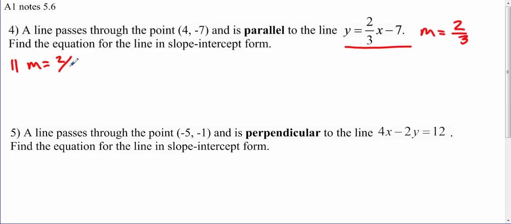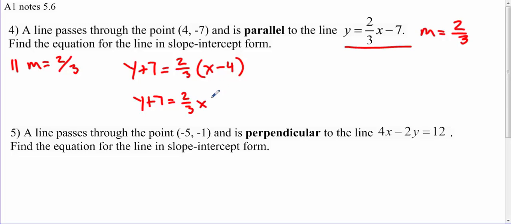And it's also given that we go through the point 4, -7. Now I'm going to start with point slope form. So y plus 7 is equal to 2/3 times x minus 4. Let's do some distribution. 2/3 x minus 8/3.